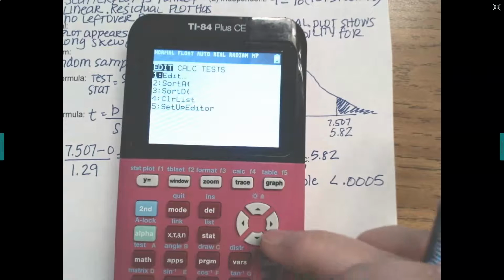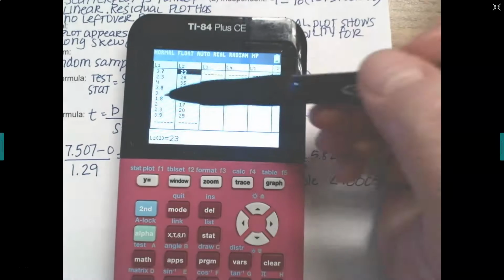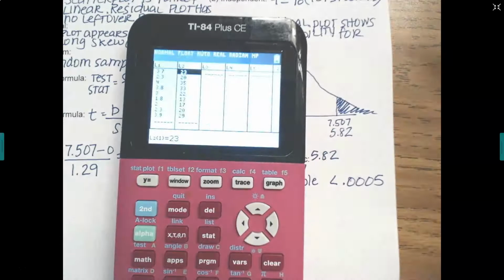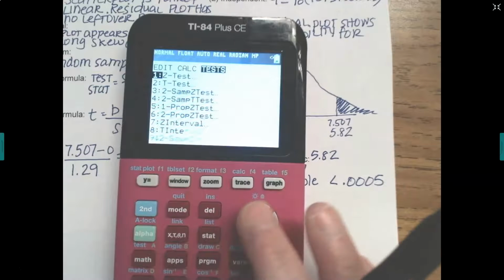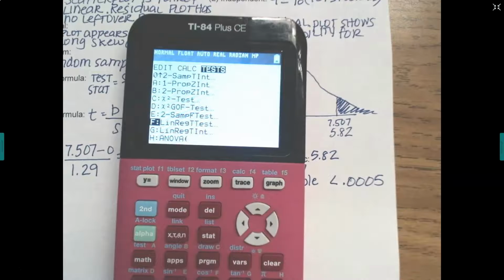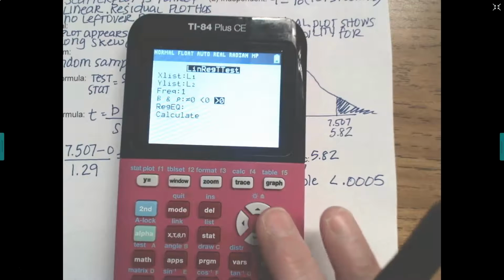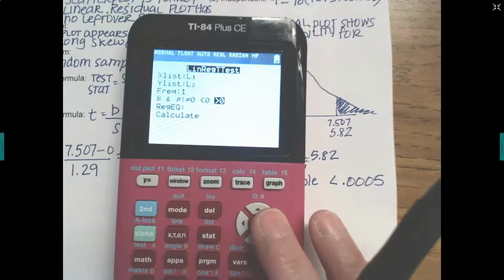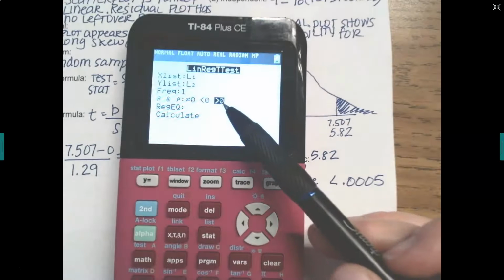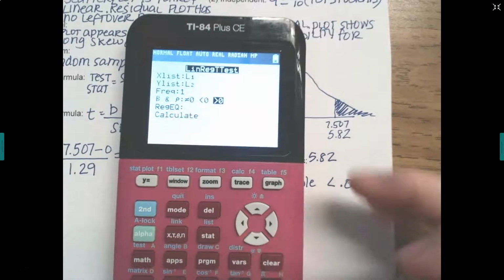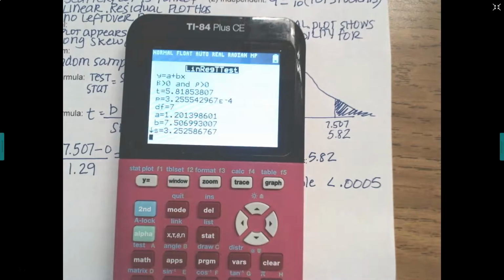So you're going to go into Stat, Edit, and you're going to put your GPA in list 1 and your ACT score in list 2. Once you have that in there, you're going to run your test, list 1, list 2, and our null is that it equals 0, but our alternative is that we have a positive, so we want to make sure we pick the greater than 0 and press calculate.